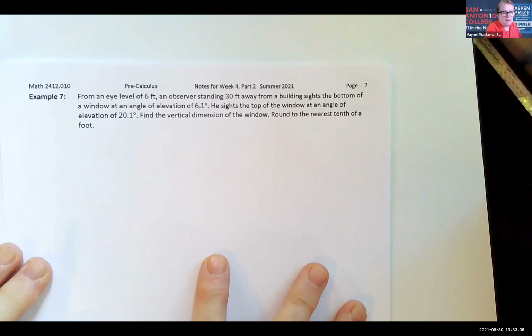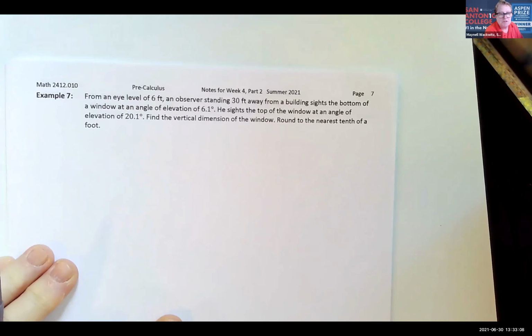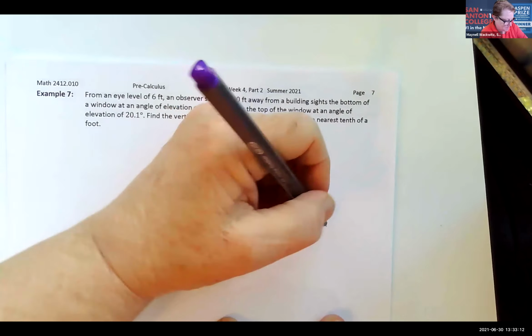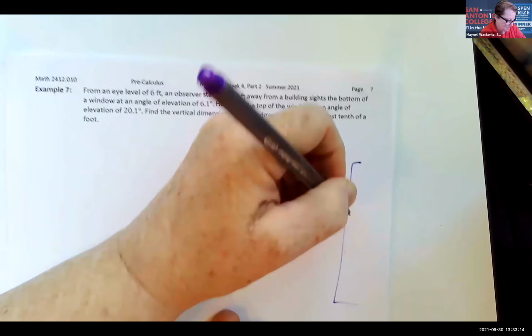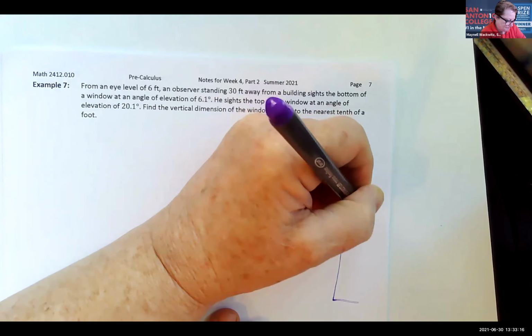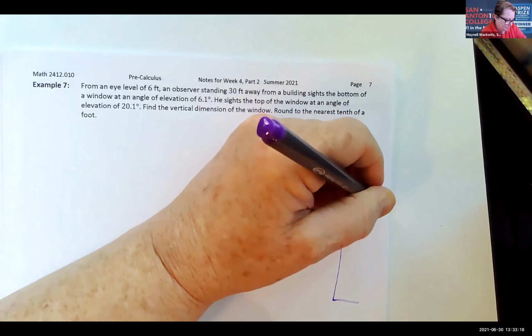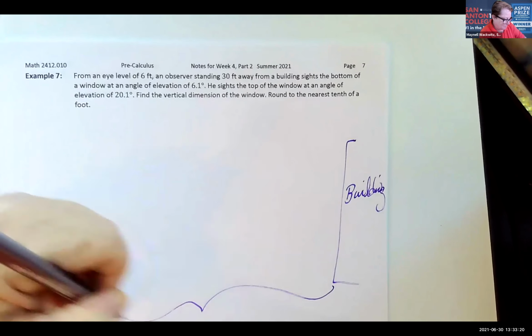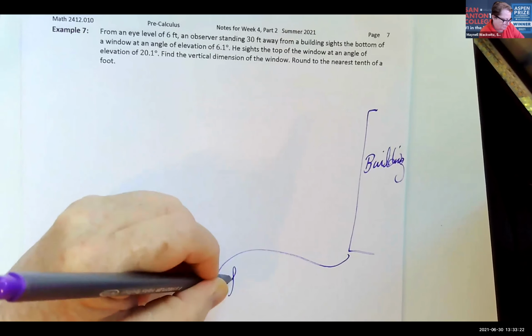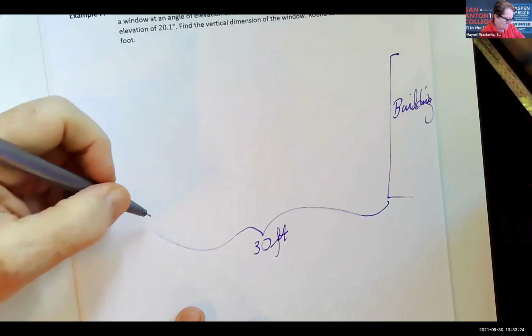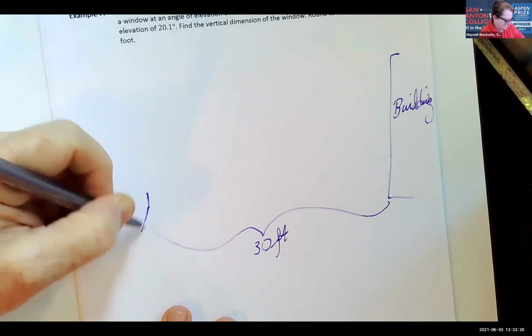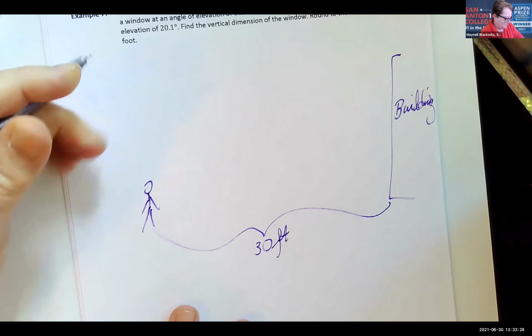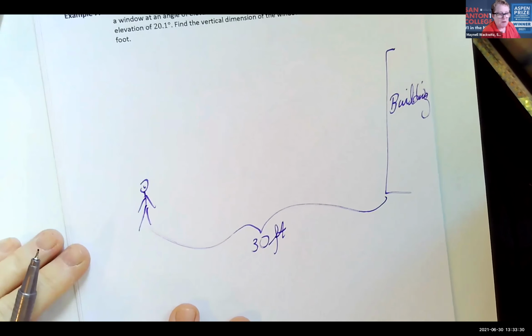All right, from an eye level of 6 feet, an observer standing 30 feet away from a building. Okay, wait. So I've got a building. And 30 feet away, I have a person, smiling.